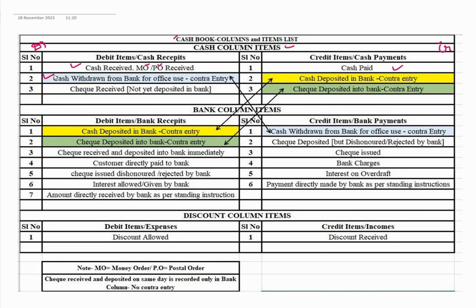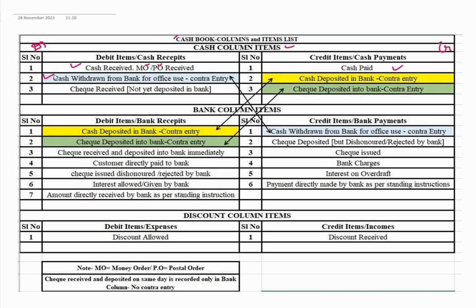In the same way, if there is some amount in the bank account of the business, not a personal account, let's consider a balance of 50,000 is there in the bank account. From there, I have withdrawn 5,000 rupees for office use only. The bank account is of the business and office use is also for the business, so both are linked to the business.